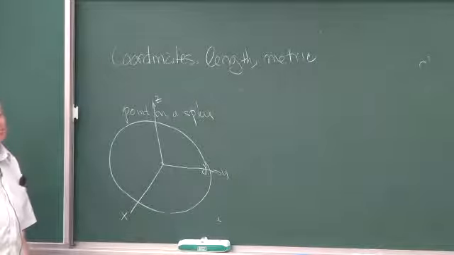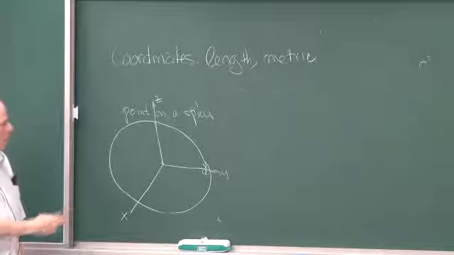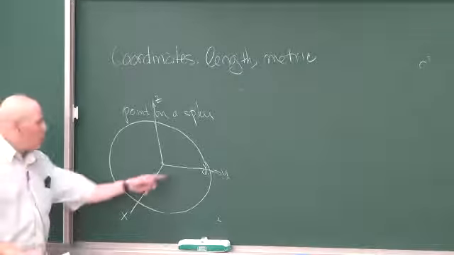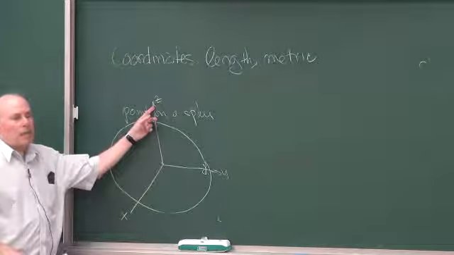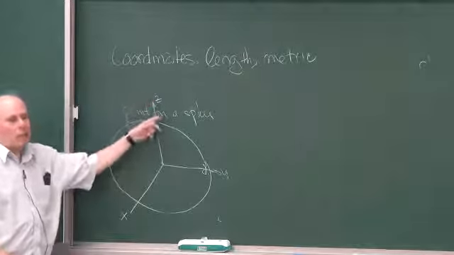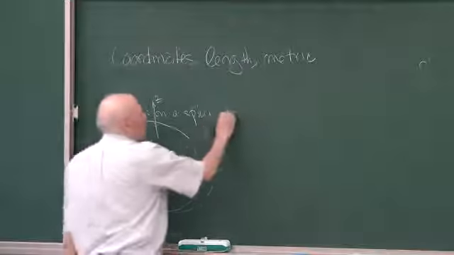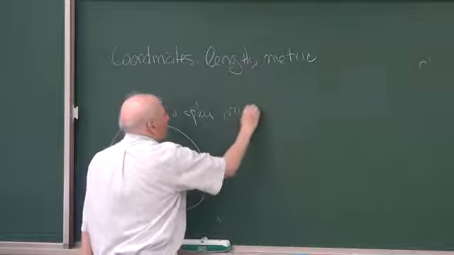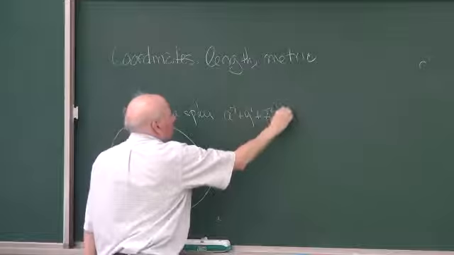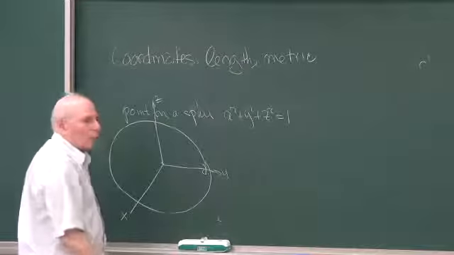Everybody knows I could write a function, z of x, y, such that x squared plus y squared plus z squared equals 1. So that would give the points on the sphere.